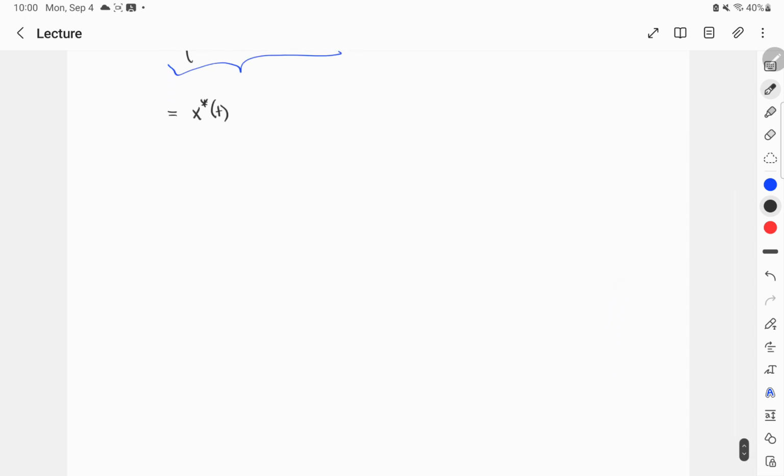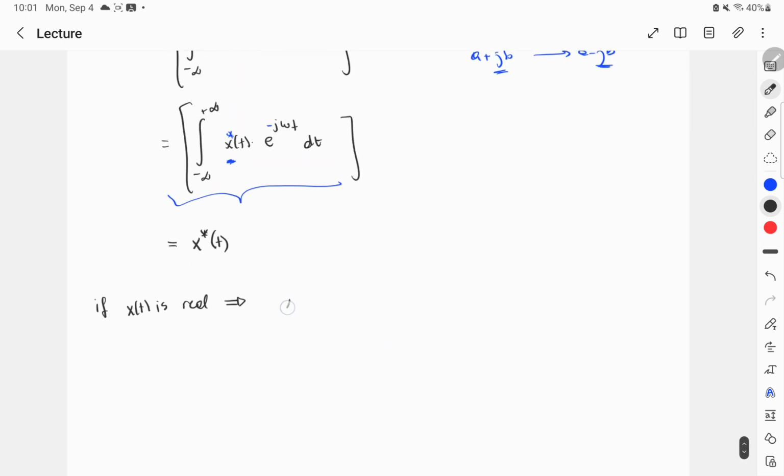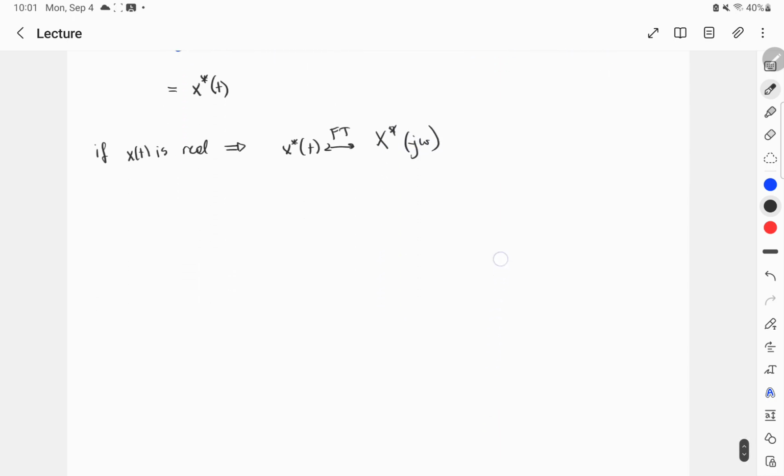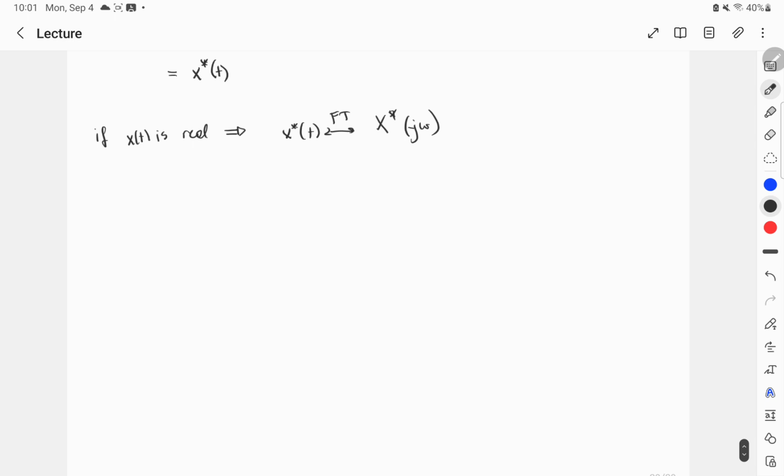As a result, we can make a quick summary, and we can say if x(t) is real, the Fourier transform of x star (t) is equal to this expression. That's it. And now let's move on to the next property, which is the differentiation and integration property.